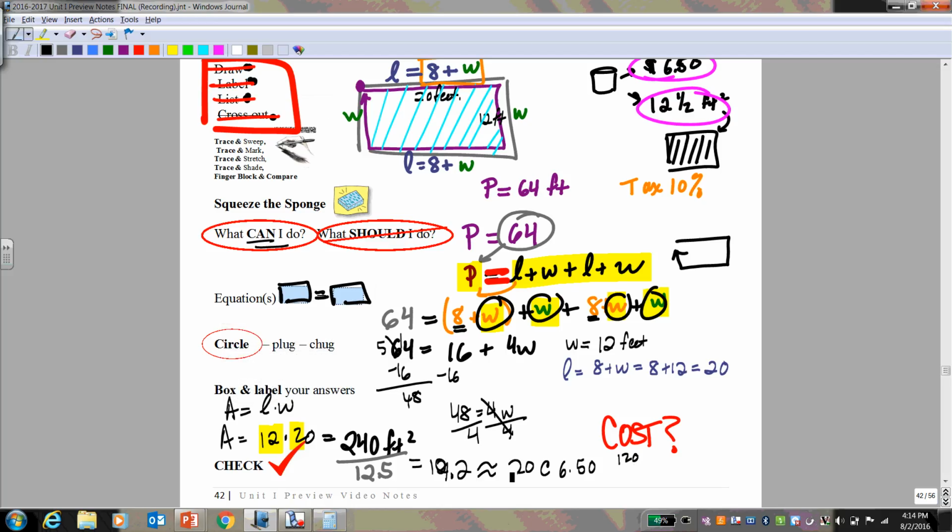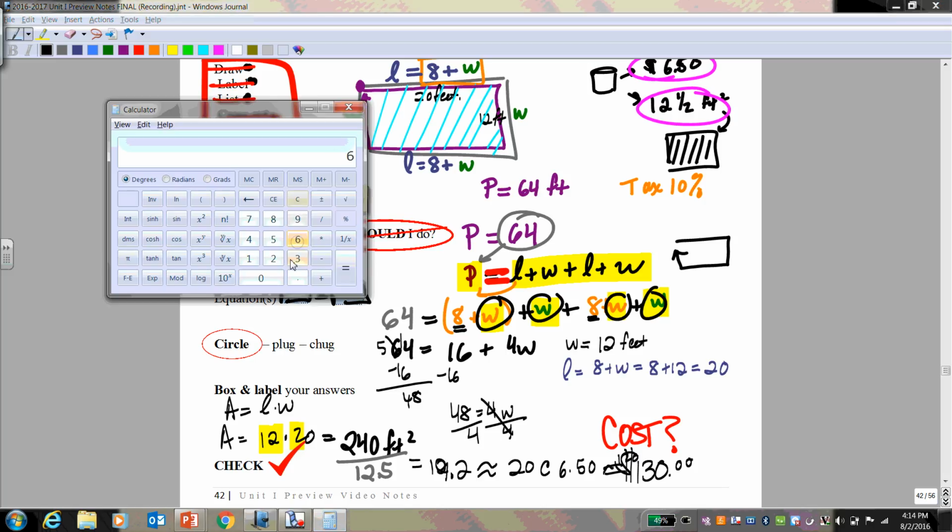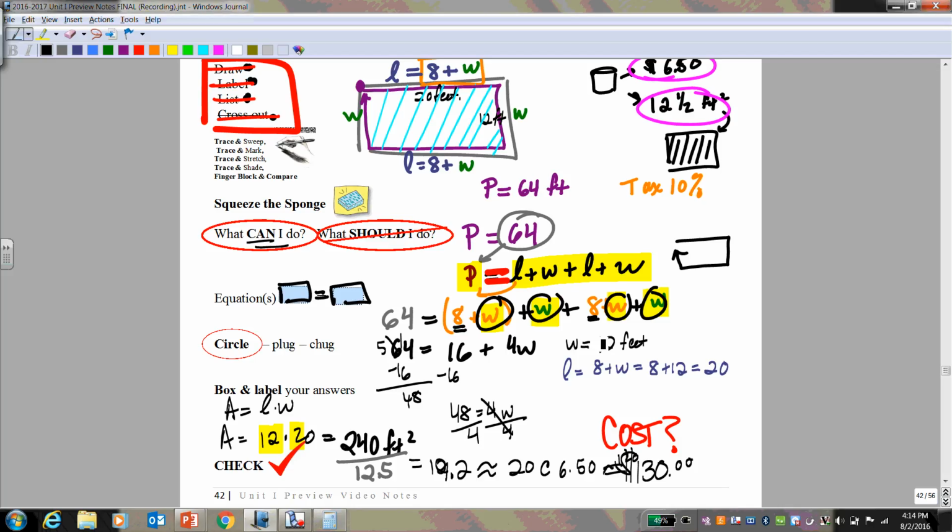So 20 times 6.50 is approximately $130. I don't think I got my decimal in there. Hang on just a second. Yeah, 130. I did get my decimal in there.